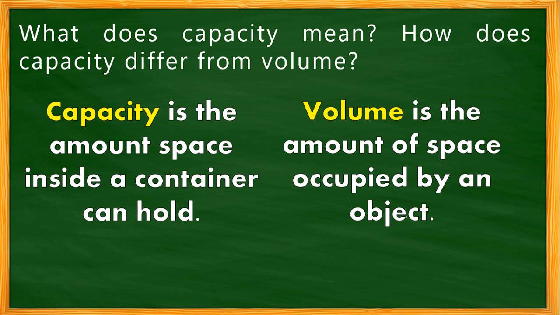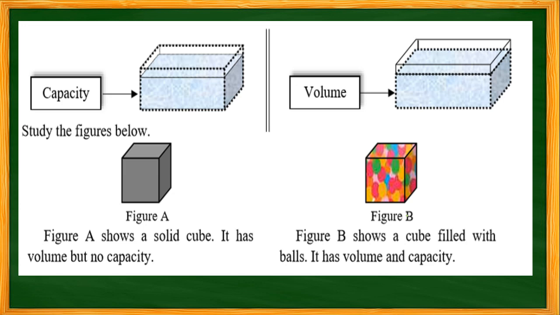So that would be the characteristic or the meaning of each, capacity and volume. Now, these are the visual representations. This would be a capacity. So this would be a capacity. So this would be a capacity. And this would be a volume. Right? So study the figure below.